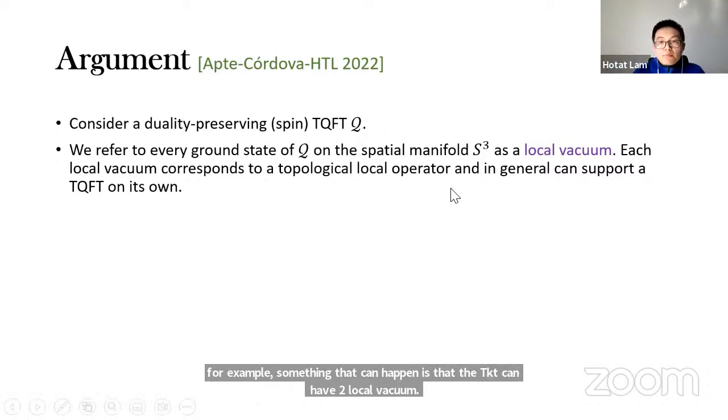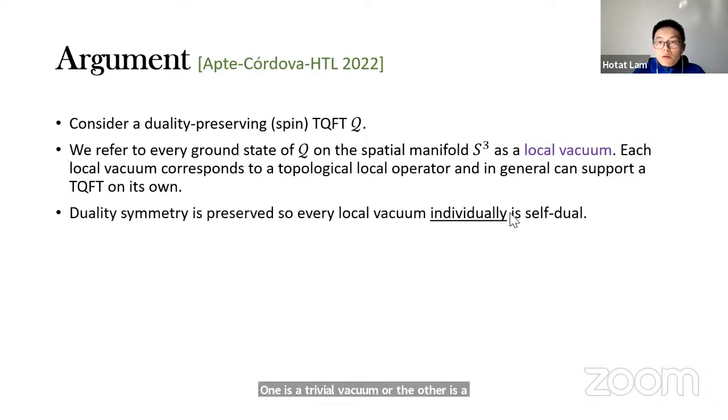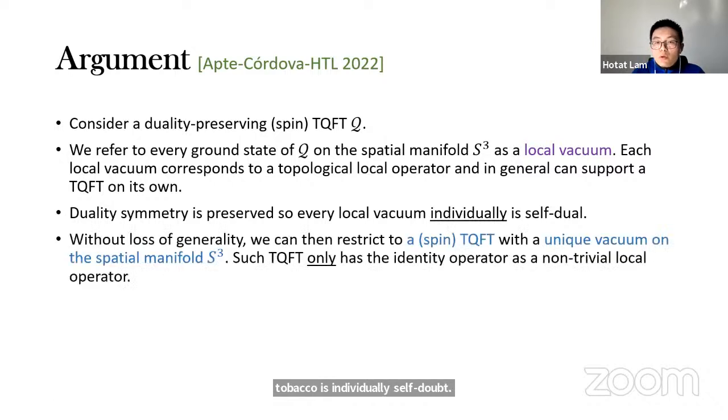Okay. So now I'm going to argue that because the TQFT preserves the duality symmetries, the duality symmetry has to map a local vacuum back to a local vacuum. That means that each local vacuum individually preserves the duality symmetry. So each vacuum is individually self-dual. This is a very helpful statement, because then without loss of generality, we can restrict to specific TQFTs which have a unique vacuum on the spatial manifold S3.